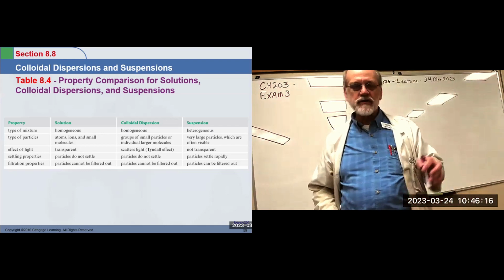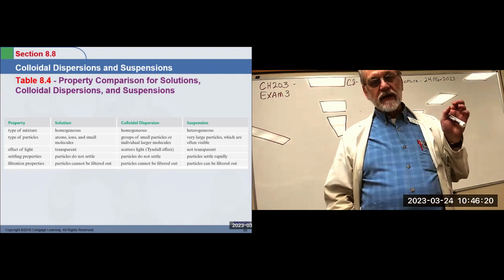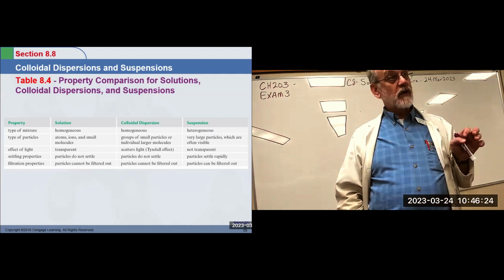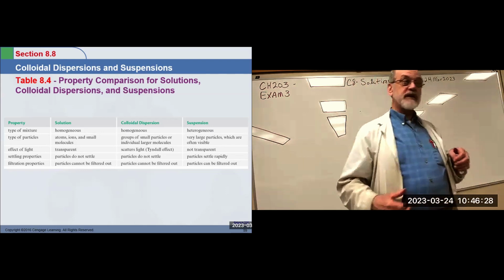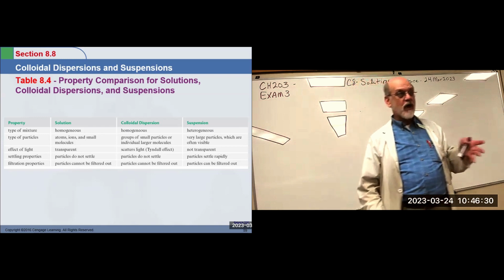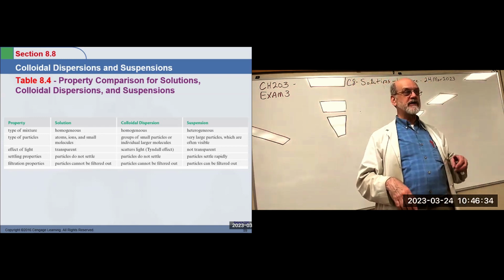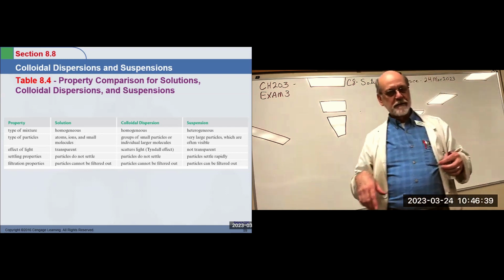A suspension is heterogeneous, with much larger particles. It's not transparent, obviously. And the particles will settle over time in a gravitational field. In fact, sometimes if you want them to settle really fast and it's taking too long, you stick them in a centrifuge and artificially increase the force of gravity, right? Centrifugal force.